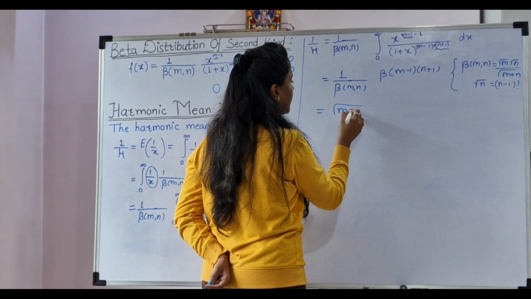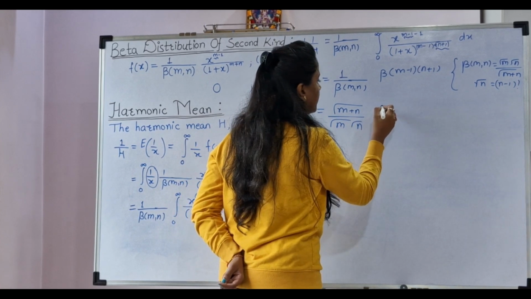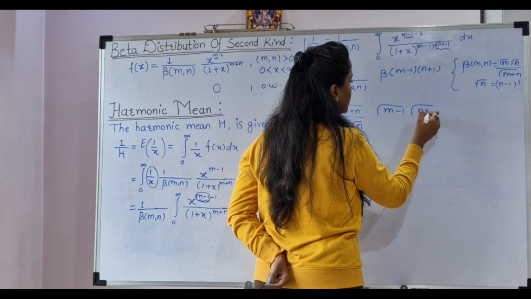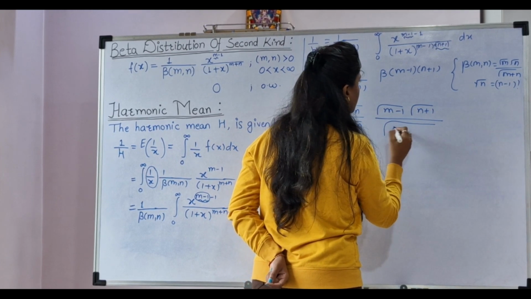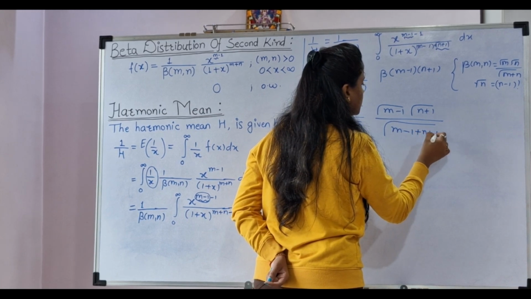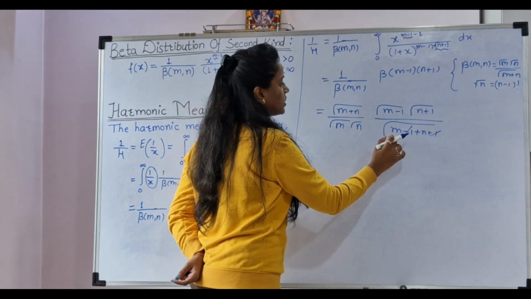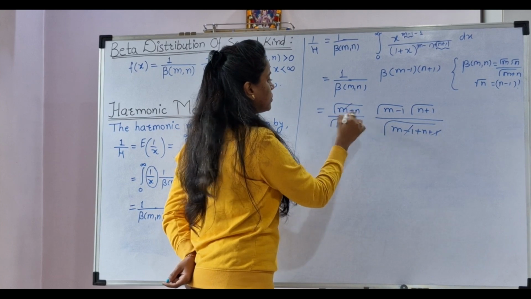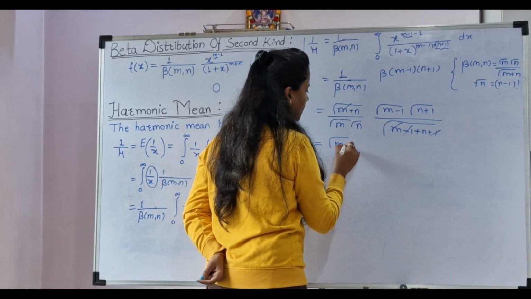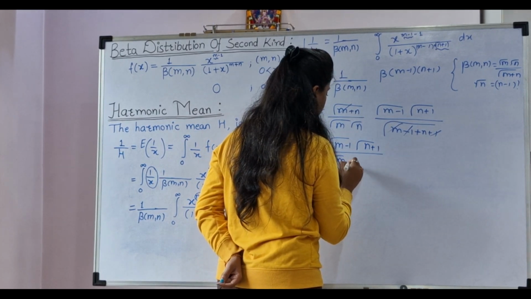So we will get gamma(m plus n) upon gamma m into gamma n, and here gamma(m minus 1) gamma(n plus 1) upon gamma(m minus 1 plus n plus 1), which is gamma(m plus n), and this will get cancelled. So we will get gamma(m minus 1) gamma(n plus 1) upon gamma m into gamma n.